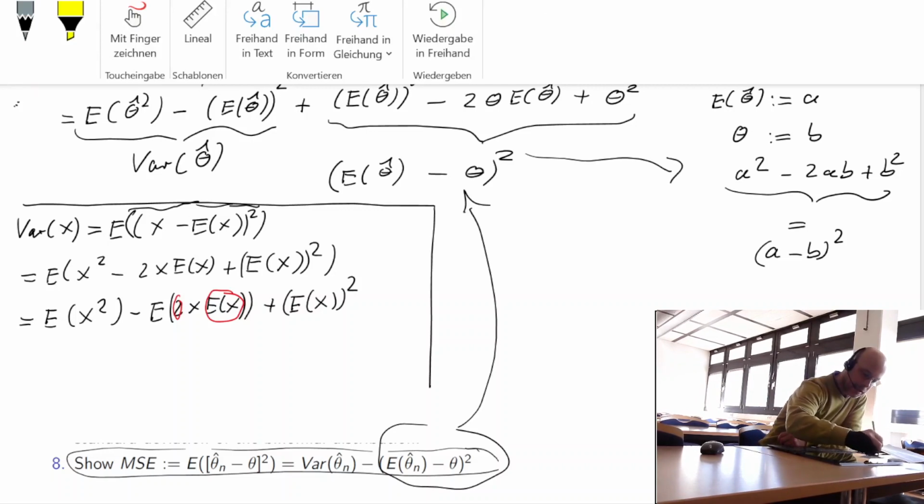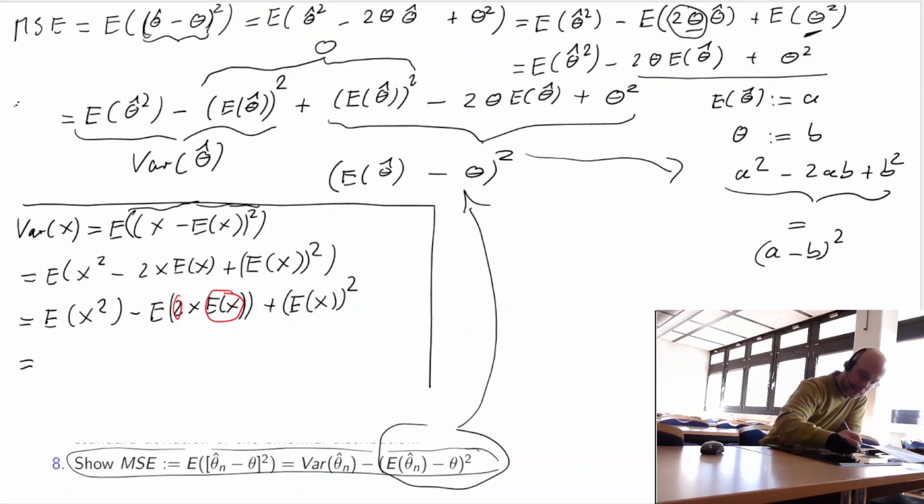So we obtain E of x squared minus 2 E of x in brackets squared plus E of x in brackets squared. Then we have the same here and here.